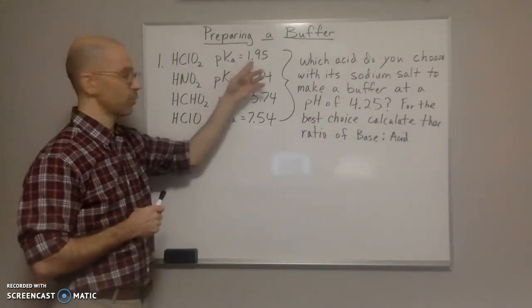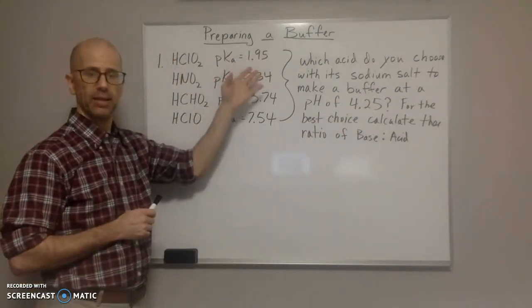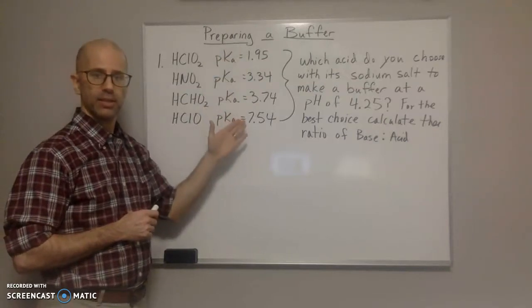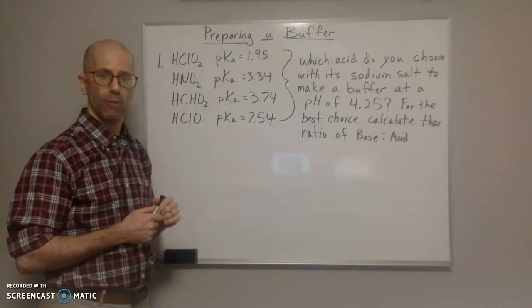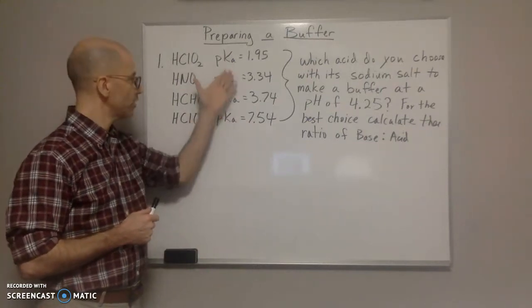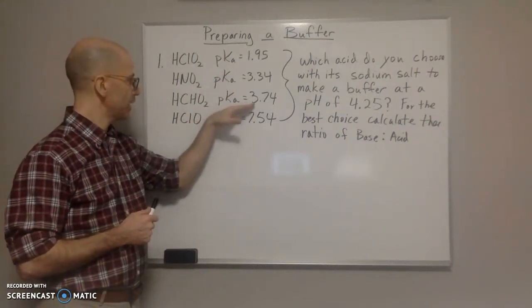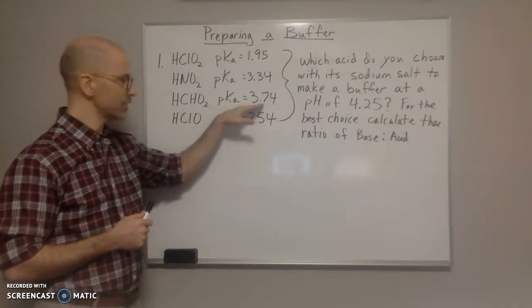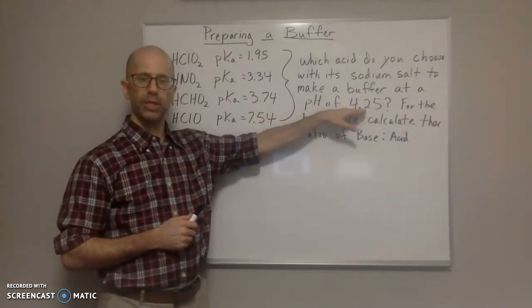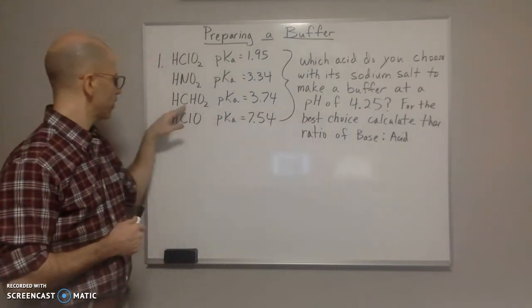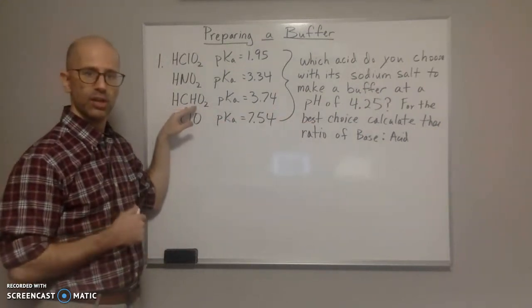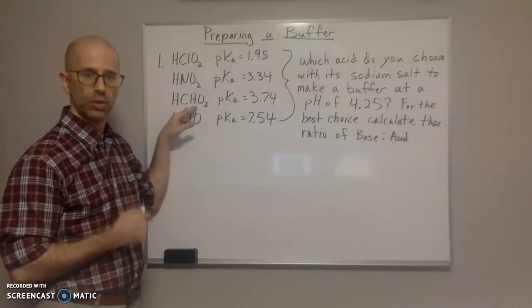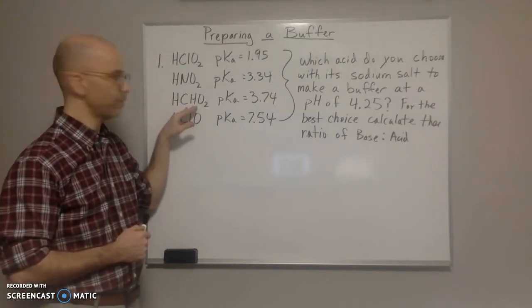So we want the pKa of the acid that we use for the buffer to be closest to the pH that we want for the buffer. Of these 4, the pKa 3.74 is the closest to 4.25. So this acid here, formic acid, would be the best choice for making this buffer.